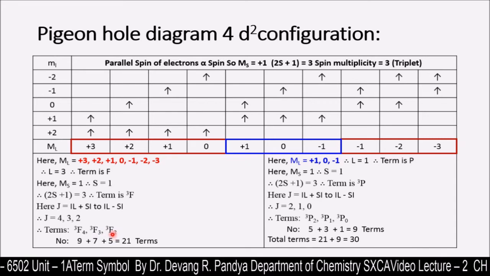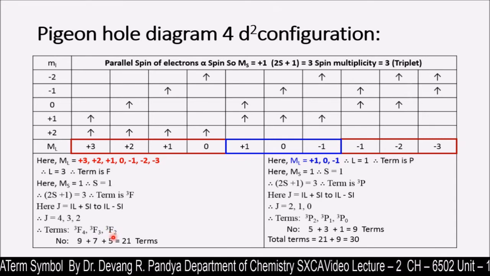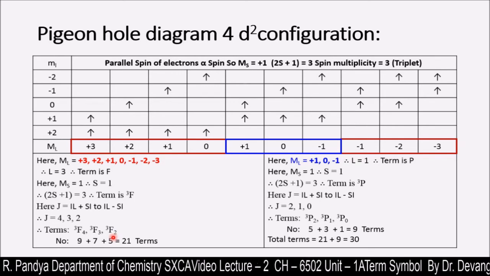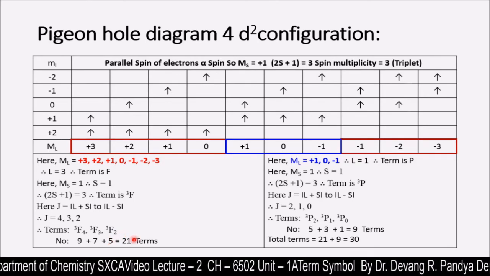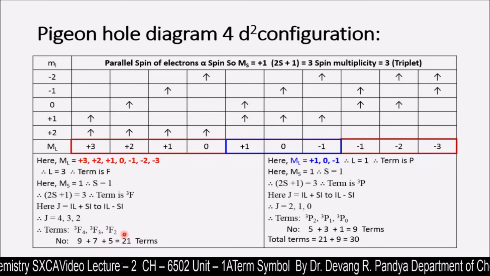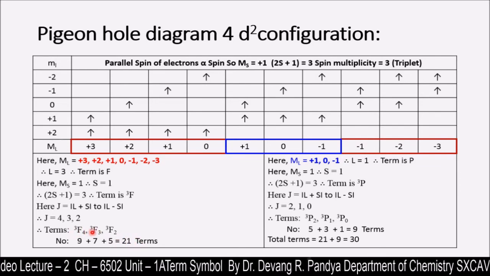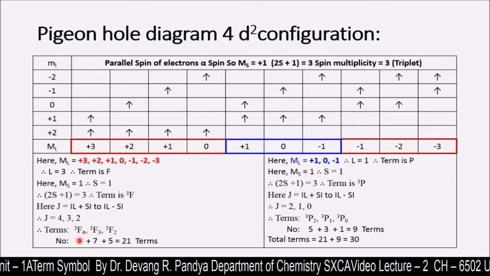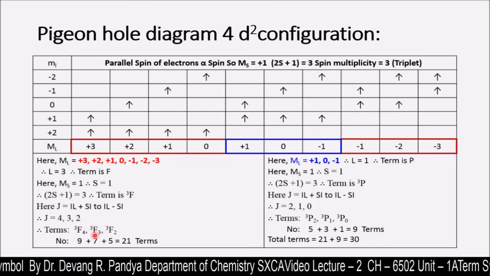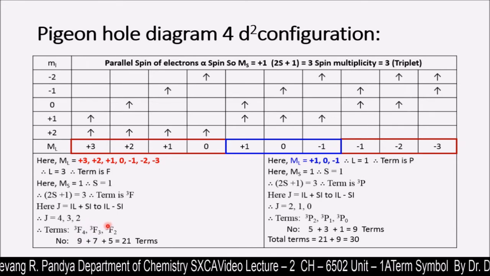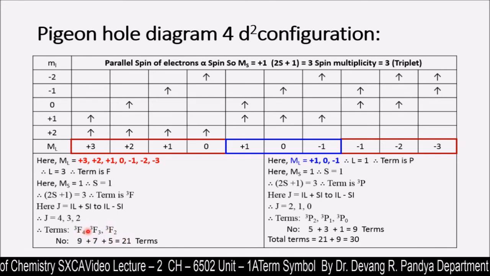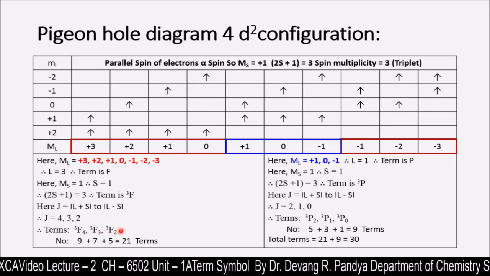And for triplet F2 we have plus 2 plus 1 0 minus 1 minus 2, that means 5 arrangements. So total 21 microstates have these 3 term symbols: 9 microstates, 7 microstates, and 5 microstates.